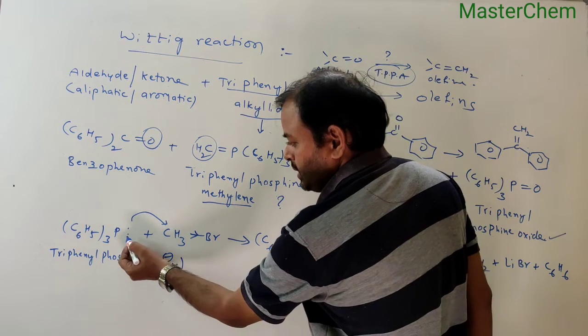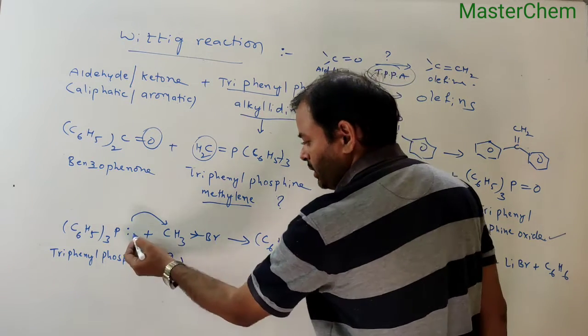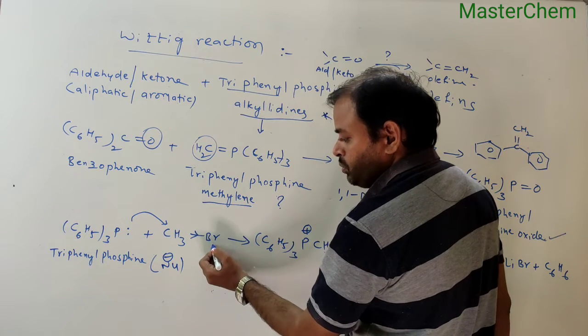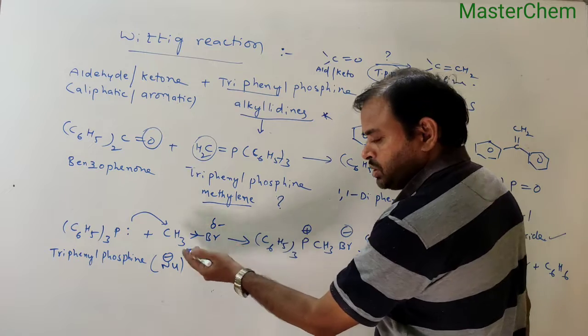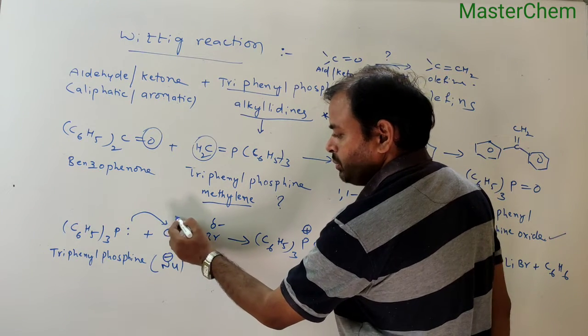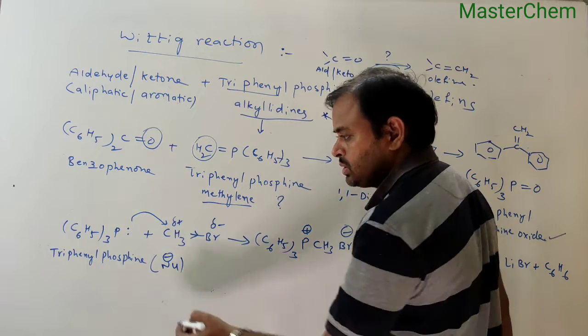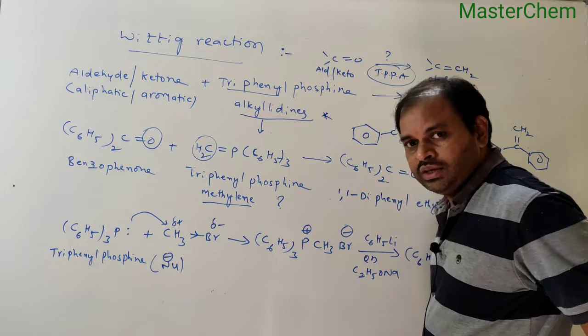It is electron rich, having one lone pair. Due to its higher electronegativity, bromine gets a negative charge because it pulls electrons towards it, so carbon gets a partial positive charge. Here there is electron richness, and here electron deficiency.